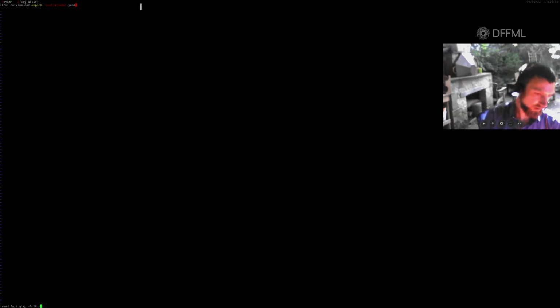So read bang git grep dash capital B 10, show me 10 lines before, dash A, show me 5 lines after, because usually it's not going to be more than that. So let's take a look.